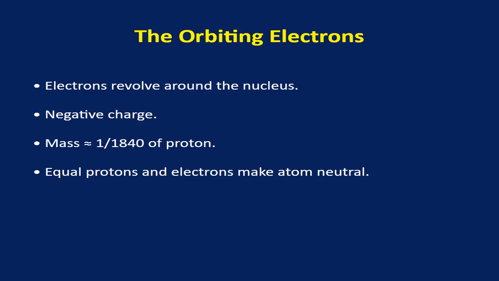Despite being small, they carry a powerful negative charge. In a normal stable atom, the number of positive protons equals the number of negative electrons. This balance makes the atom electrically neutral.